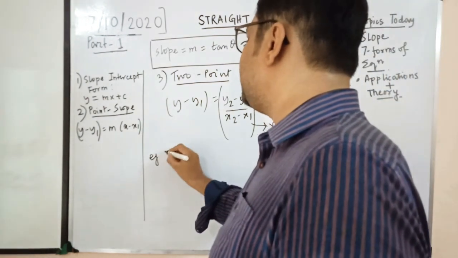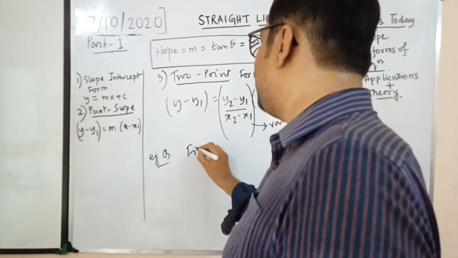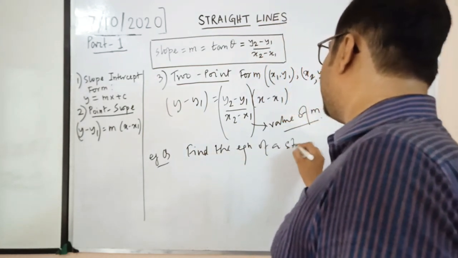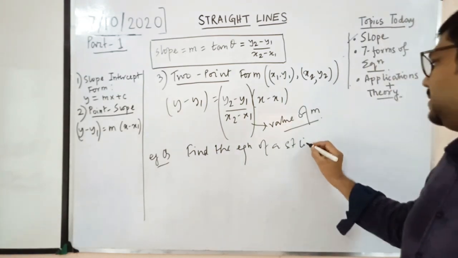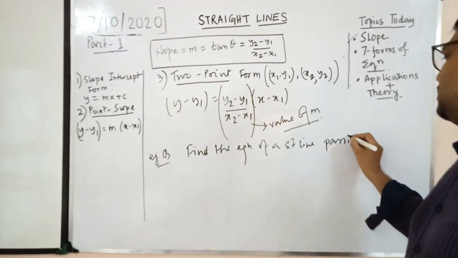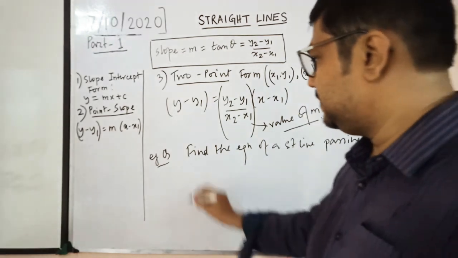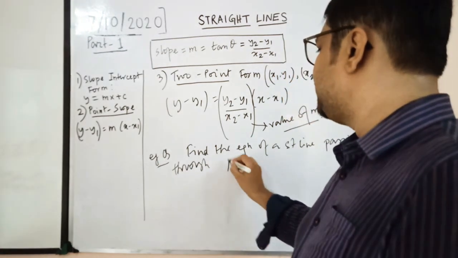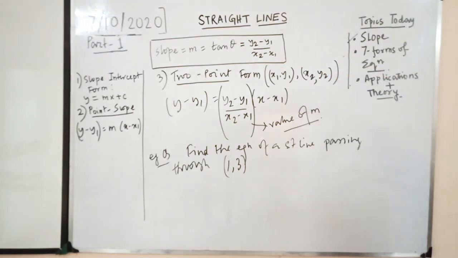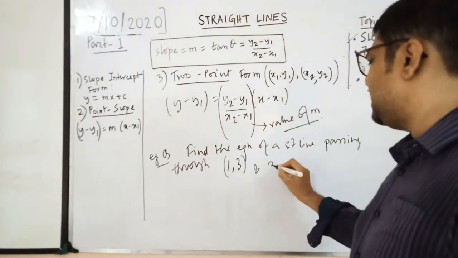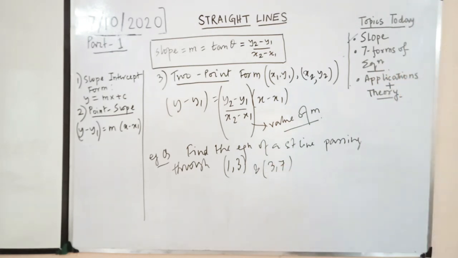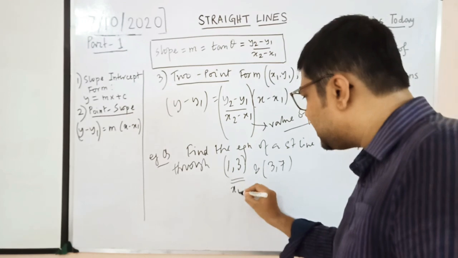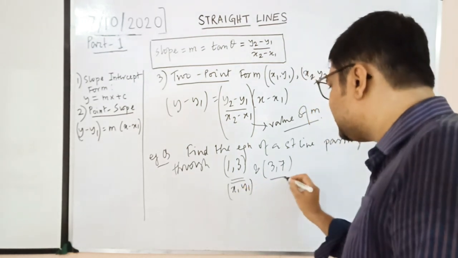So an example question: find the equation of a straight line passing through, say, (1, 3) and, say, (3, 7). You take this, you assign any one of these points as x1, y1, the other as x2, y2.